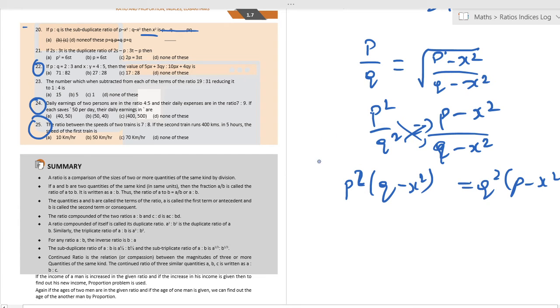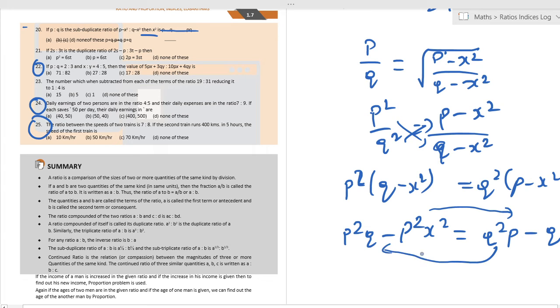Then P square Q minus P square x square equals Q square P minus Q square x square. Send this here and send this here because we need to get x square on one side.